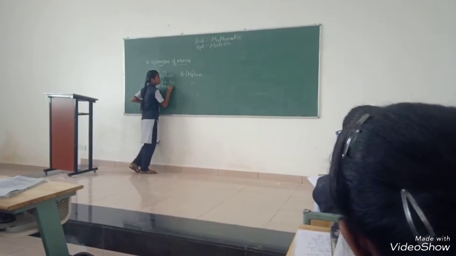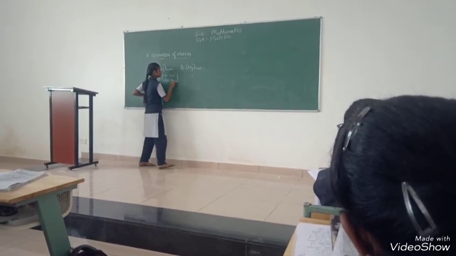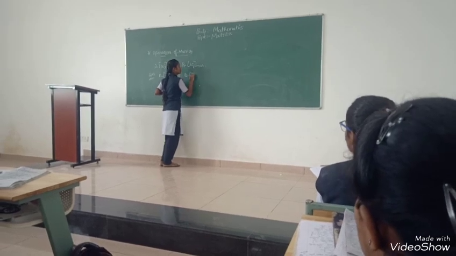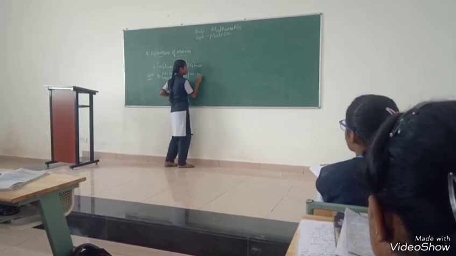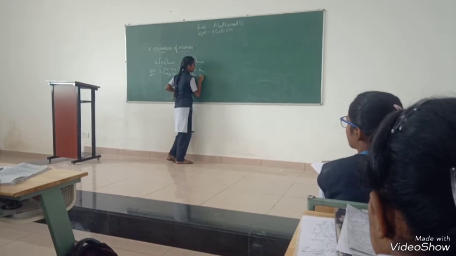A11, A12, A21, A22. Matrix B is equal to B11, B12, B21, B22.